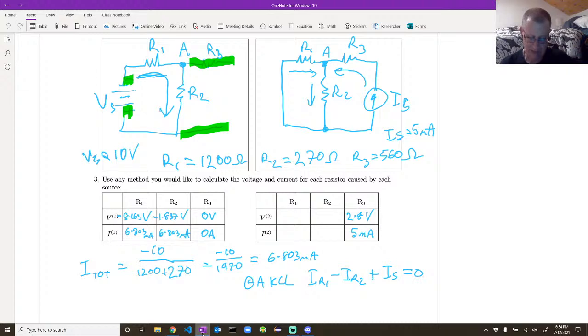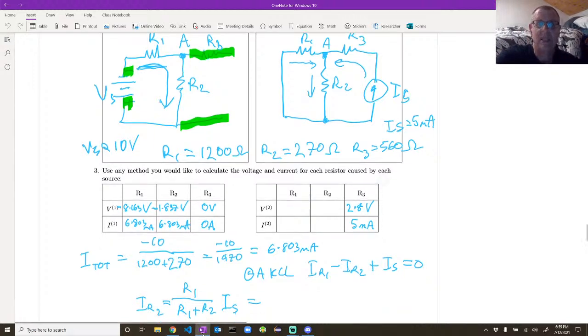Now, R1 and R2 are just forming a current divider, right? So I can say that IR2 is just equal to the resistance in the other branch, which is R1, divided by R1 plus R2, times IS.